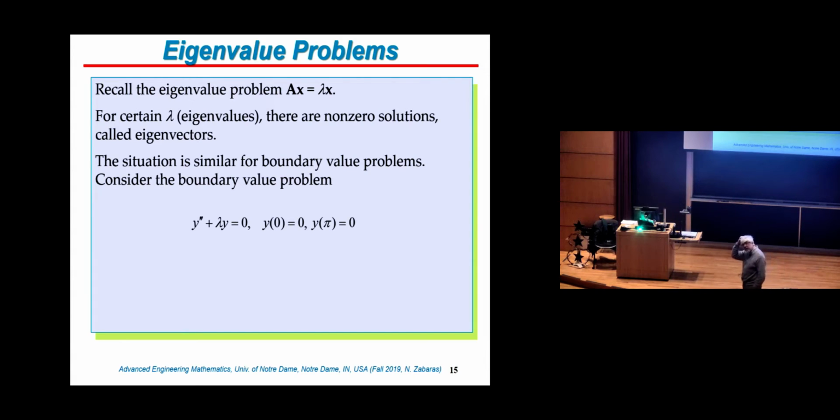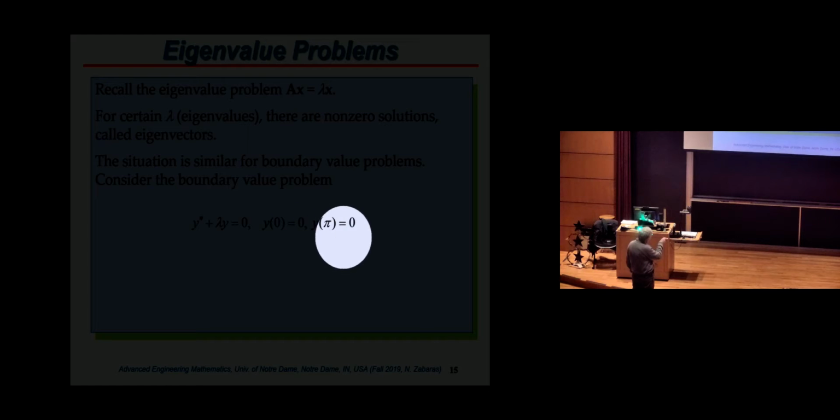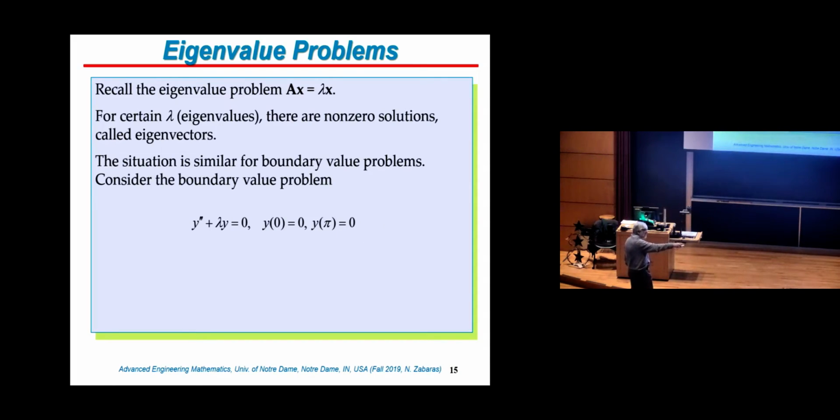One case was lambda equal to 2. So what did we conclude for lambda equal to 2? The first example we did, what was the situation for lambda equal to 2? There is a unique solution, okay. And for lambda equal to 1, what did we have? By the way, this is the homogeneous problem. I am looking here at the homogeneous problem, all right? So let me ask the question again, because this is the homogeneous problem.